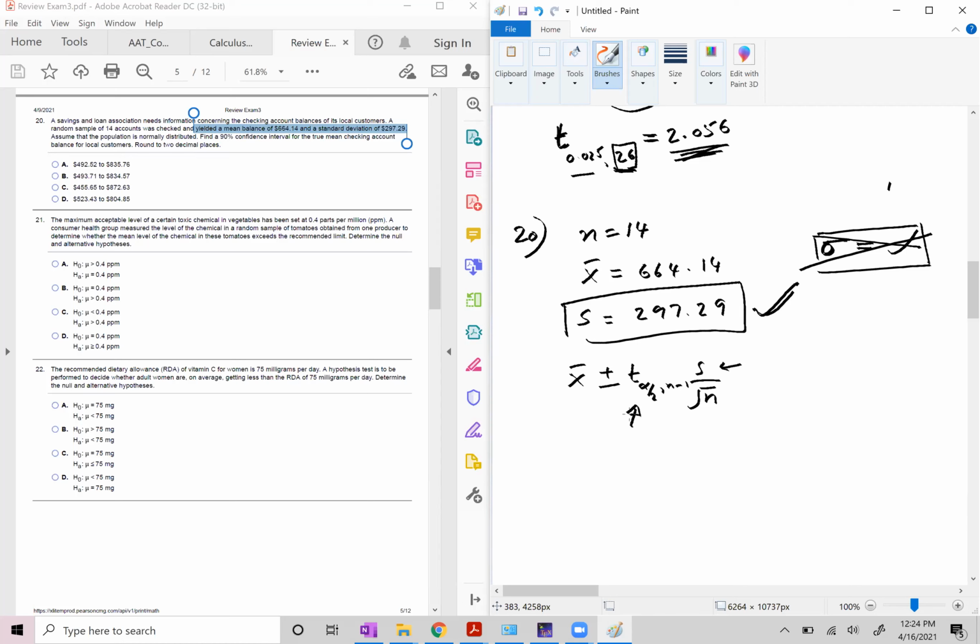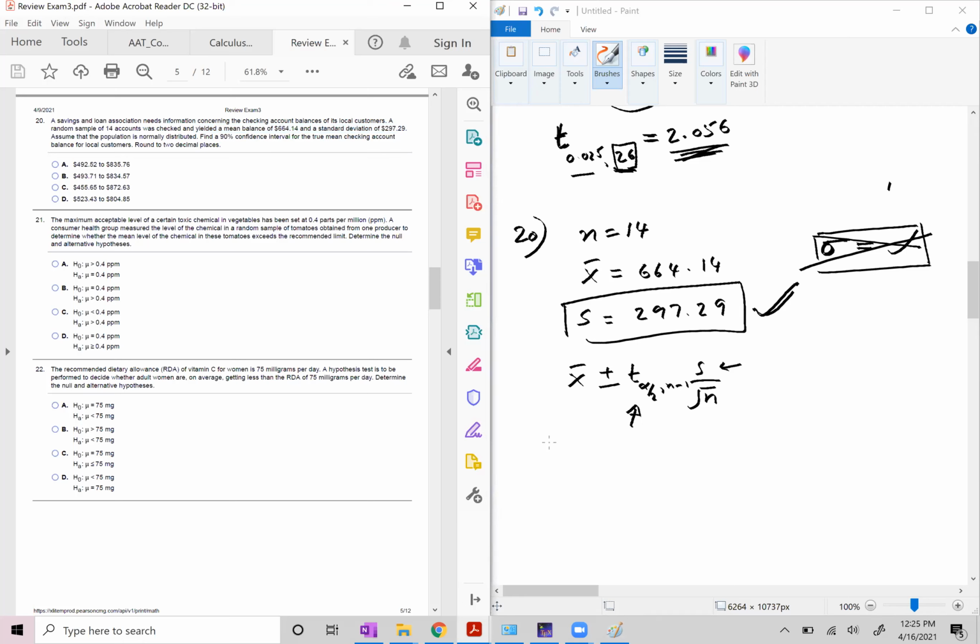Now, what is alpha here? To see that, we have to look at the confidence level. The confidence level here is 90%, so we need to create a 90% confidence interval.